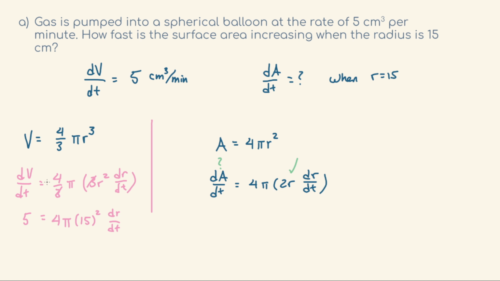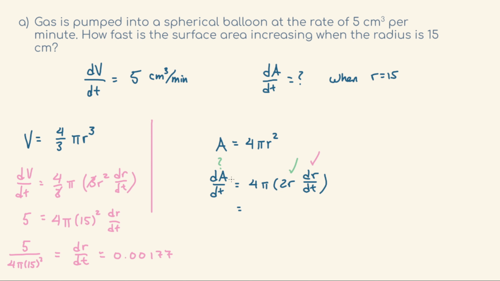And so now, if we divide both sides by 4 pi times 15 squared, that's going to give you your dr over dt, right? And that's actually just going to come out to approximately 0.00177. So now we know what dr over dt is. So let's just plug it all in then.